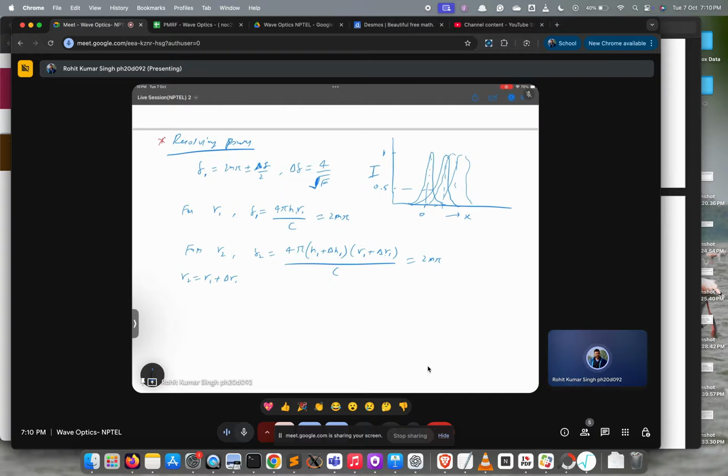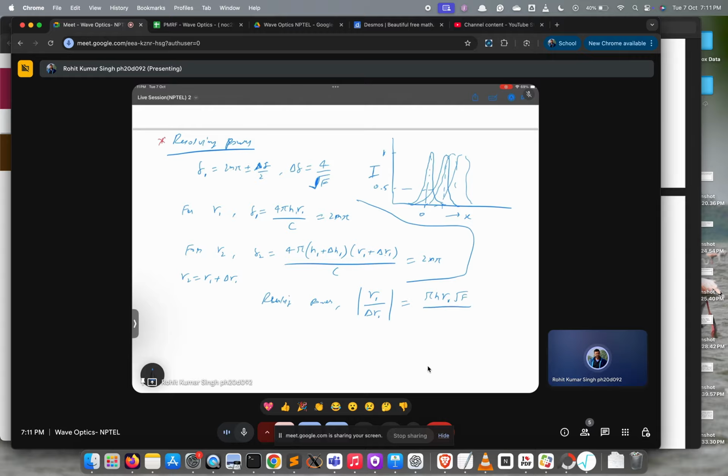So suppose you have a light having two frequencies very close to each other. This way they can be resolved, and the resolving power formula is basically mu 1 divided by the difference of the frequency. I am not deriving this formula, so you have to solve these two equations to derive it.